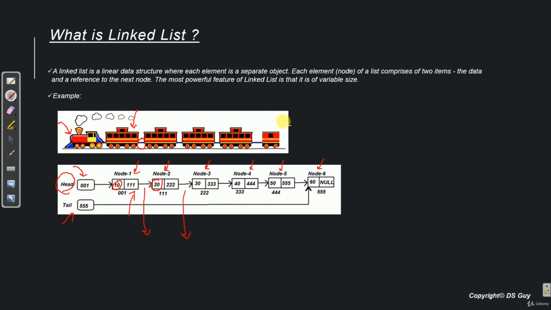And finally we had a guard's room, which is always at the end of the train. Similarly, we have a tail which all the time points to the last node of the list. Now how do we insert new nodes or remove existing nodes, and what is the use of head and tail? All those finer details we'll talk about in later videos.